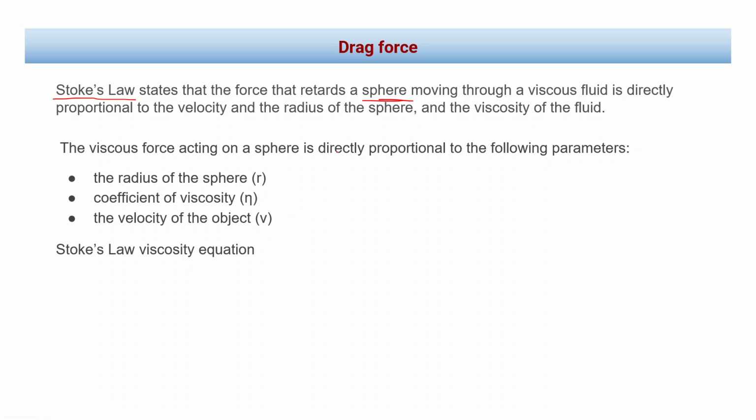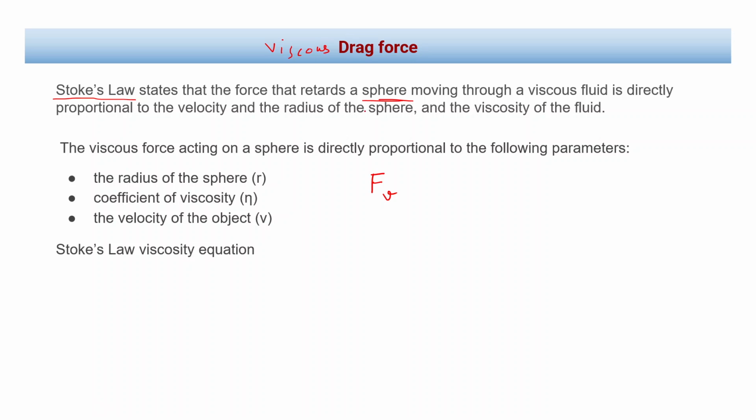If we write it in mathematical form, I'm denoting the viscous force with F subscript V. Due to this viscosity, the viscous force is experienced by the spherical body, which is also called the drag force, or viscous drag force. They all mean the same.